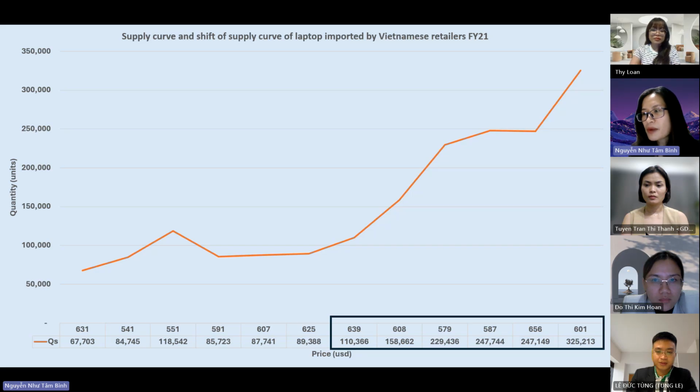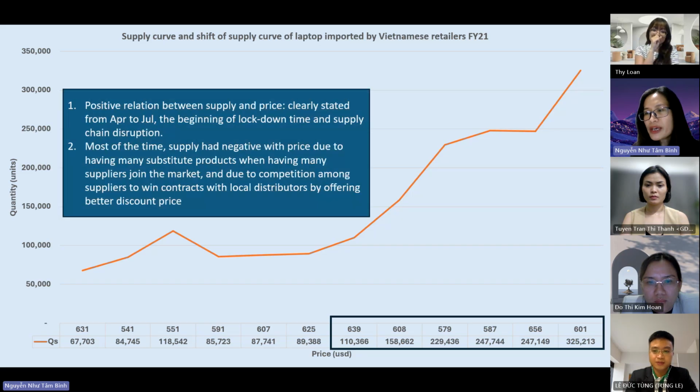When many suppliers compete with each other, the price was getting down. However, just after 2 months, the input material shortage appeared and the price went back up. So the supply curve shifted rightward much since July and became highly elastic, when price increased only 2%, but supply increased 23%.